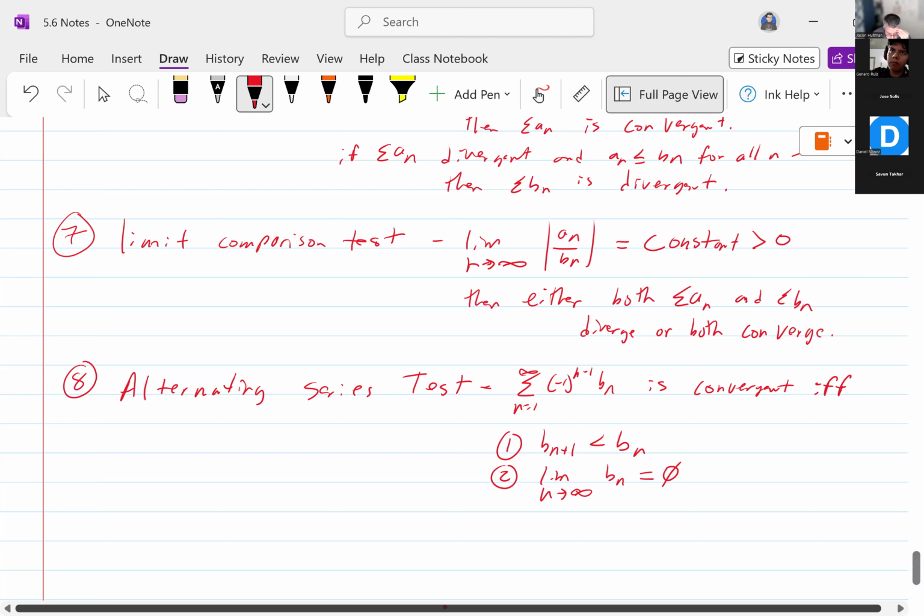Okay, if these are both true, then it converges.